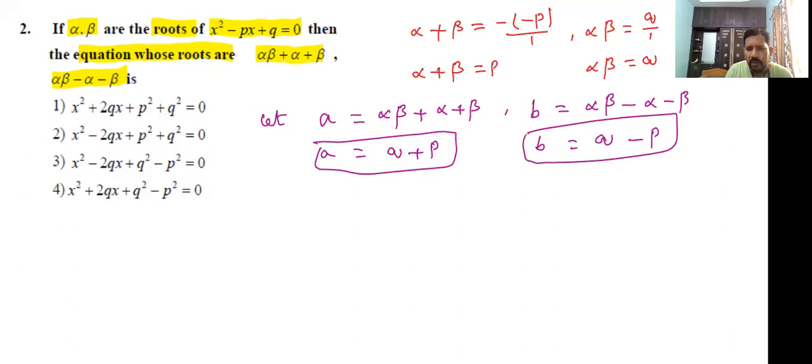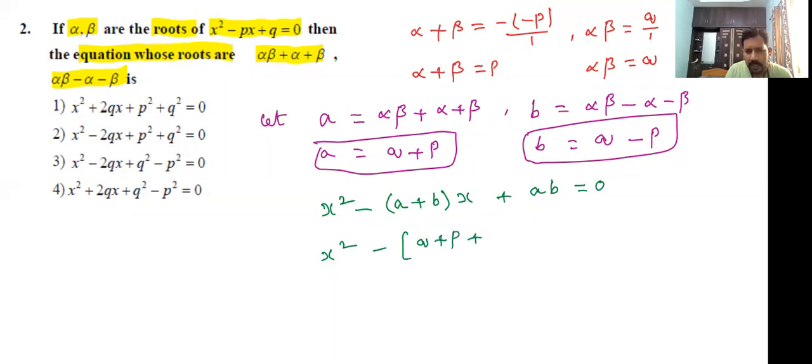New roots form the quadratic equation: x square minus sum of the roots into x plus product of the roots is equal to 0. X square minus sum of the roots, q plus p plus q minus p, into x, plus product of the roots, q plus p into q minus p, is equal to 0.